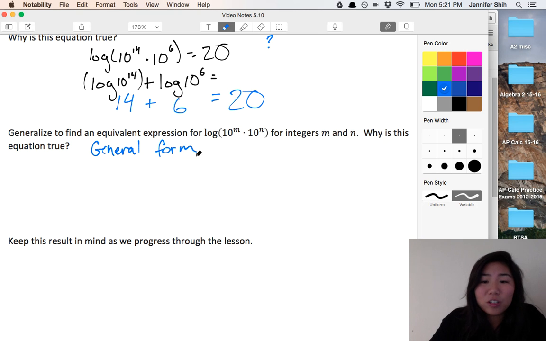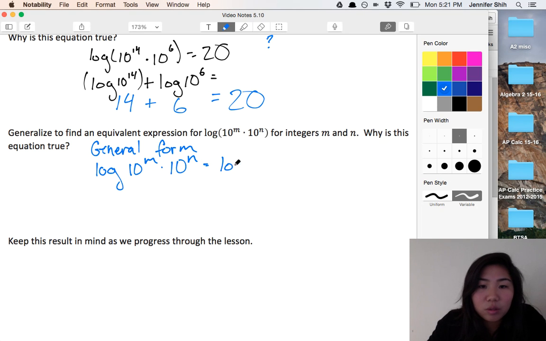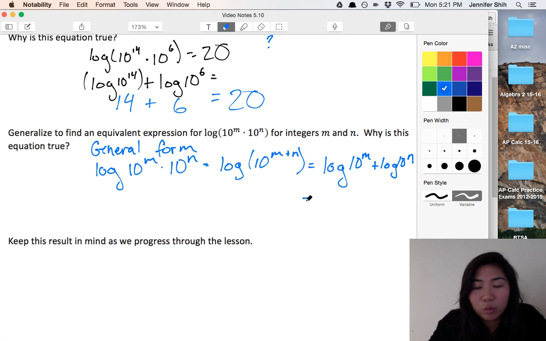And now we're dealing with log properties. So log of 10 to the m times 10 to the n is also equal to log of 10 to the m plus n, which is also equal to log of 10 to the m plus log of 10 to the n, which is, in the end, going to just be m plus n. These are log properties.